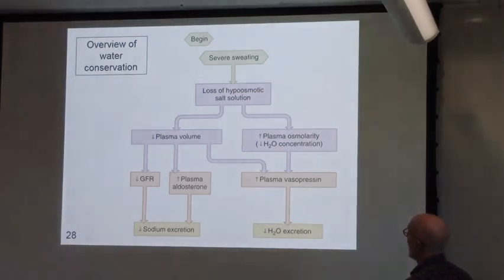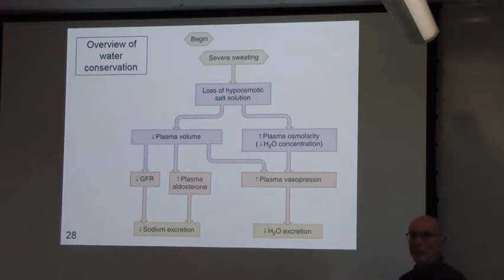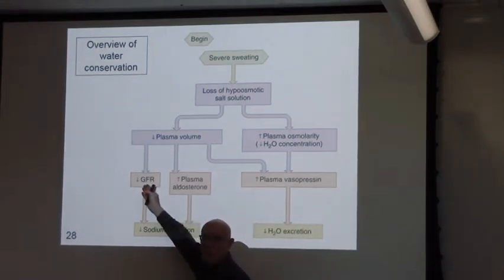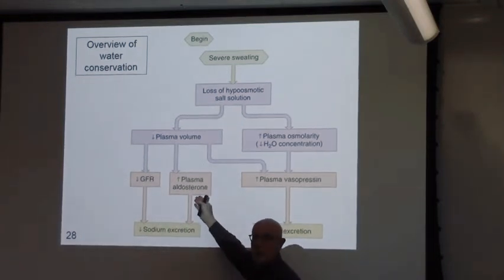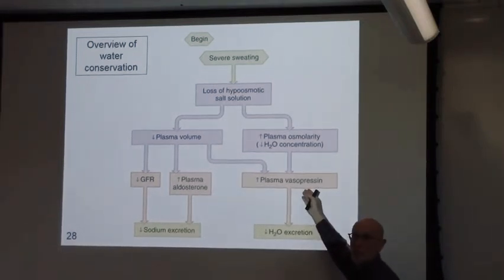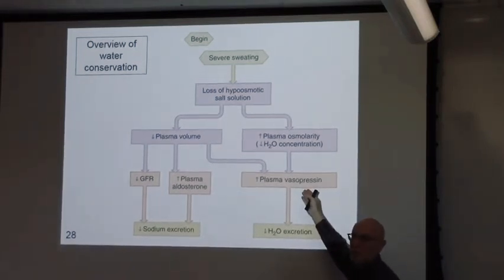Both of these, well, at least the volume, causes the aldosterone, which is part of the decrease in GFR story. So you don't filter it. Don't filter it. You can't lose it. Build the gradient and recover it so that we can not urinate it away, it being water.